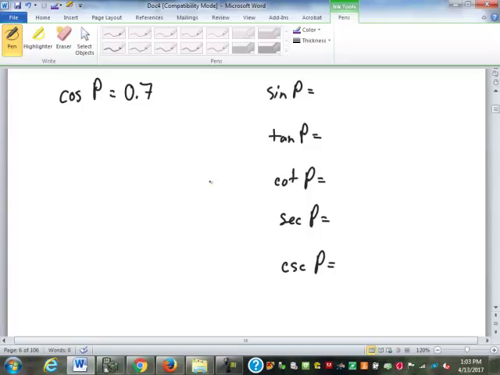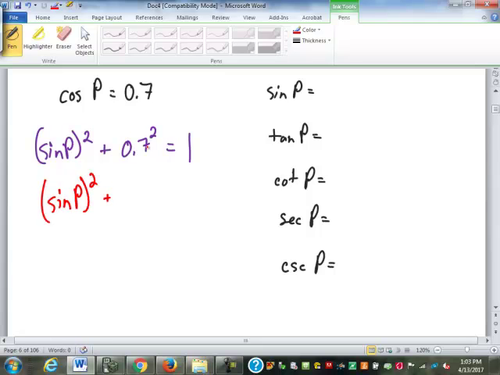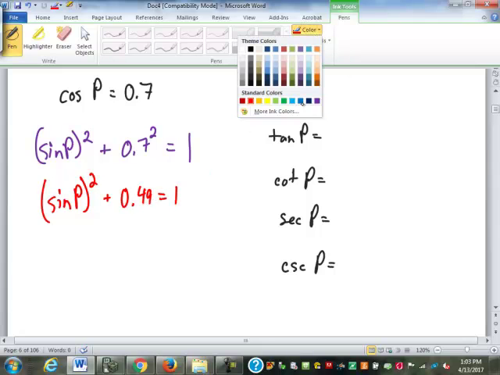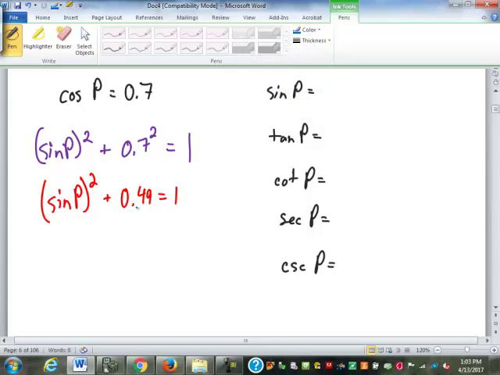Let's start out with the sine. So sine P squared plus cosine of P squared, that's just 0.7 squared, equals 1. 0.7 squared is 0.49. So now we're going to solve for sine. So we're going to subtract the 0.49. Sine of P, it's still squared, equals 0.51.